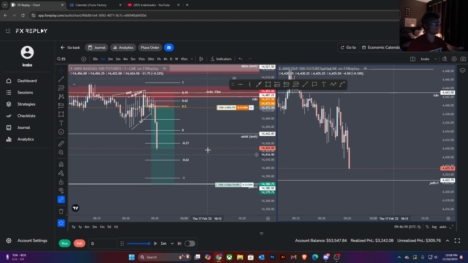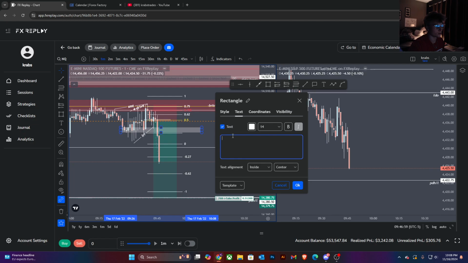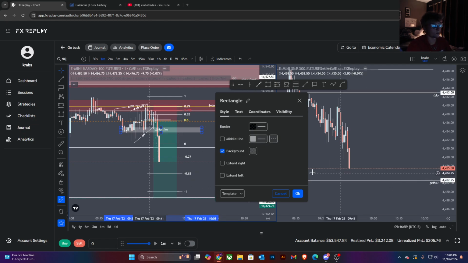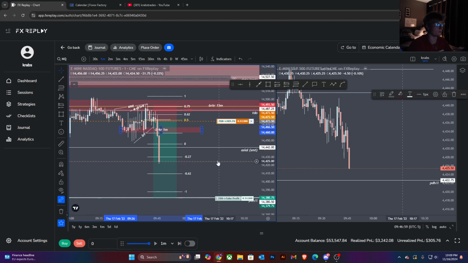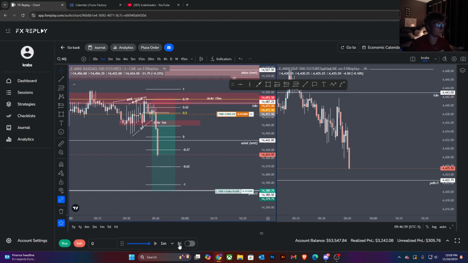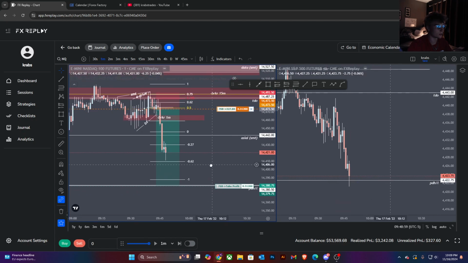Alright, so what we're gonna do, we're gonna hold this runner, and if ES takes out previous day's low, I'm gonna close out a good amount of my position, maybe even all of it. Alright, so ES takes out previous day's low right there.